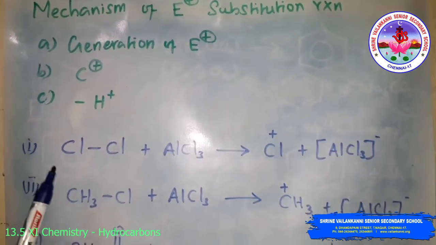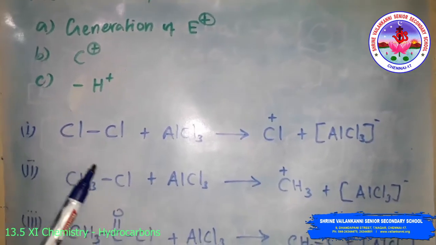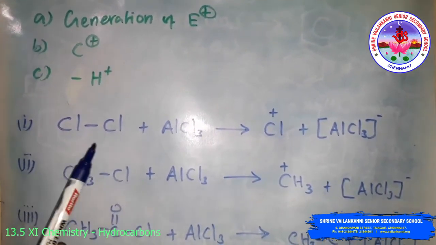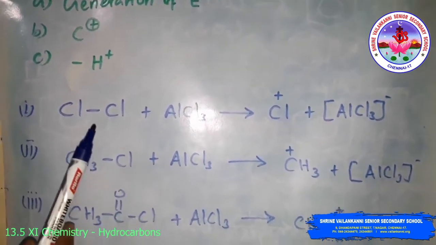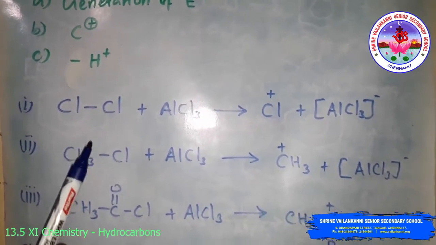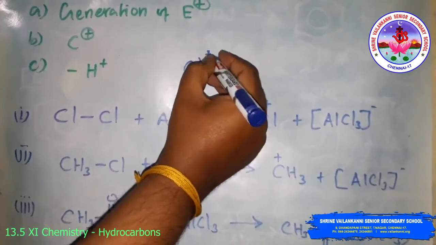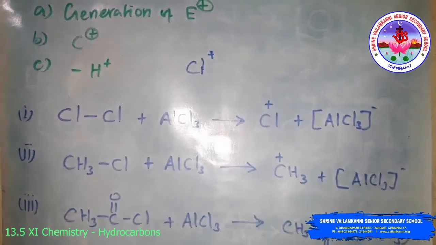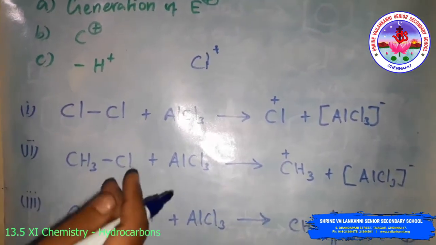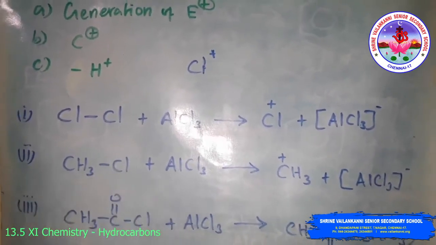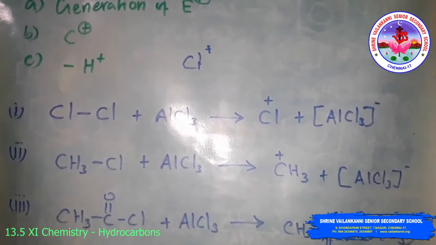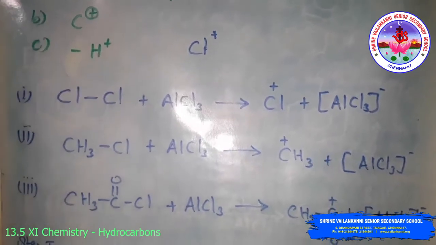The generation: during the chlorination, alkylation and acetylation of benzene, anhydrous aluminum chloride, being a Lewis acid, helps in the generation of the electrophile, that is Cl+, R+, RC+=O, the acylium ion, combining with the attacking reagents like this.